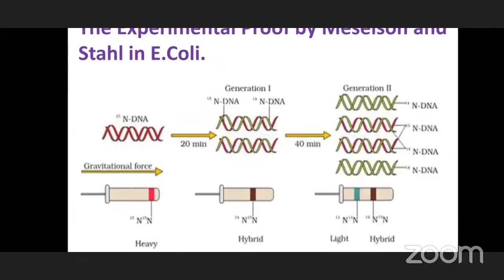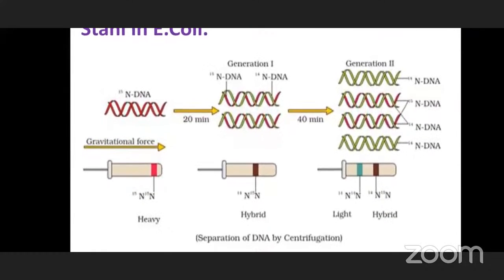So this is the experiment. These two scientists, Meselson and Stahl, chose the E. coli bacteria for their experiment. They grew the E. coli bacterium in NH4Cl medium with the N15 isotope. This one is the normal DNA present inside the E. coli bacterium. They cultivated the E. coli in this N15 isotope-containing medium.